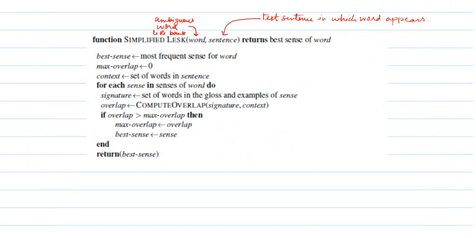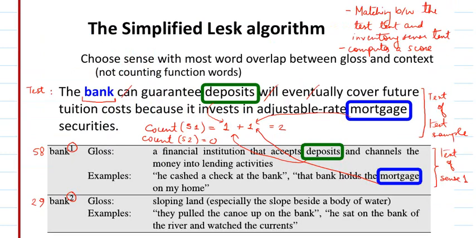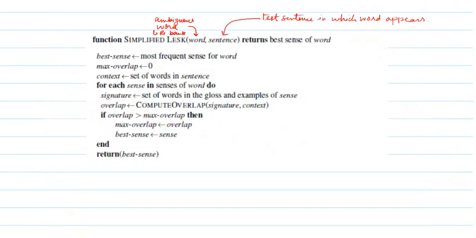Right? So now the context is another variable or another data structure that we can use, is the set of words in the sentence. So we take out this set of words from the context of the word. So we take all these, the context of the words. We can do this in a fixed window, we may not do it. So this can be done for a fixed window also.